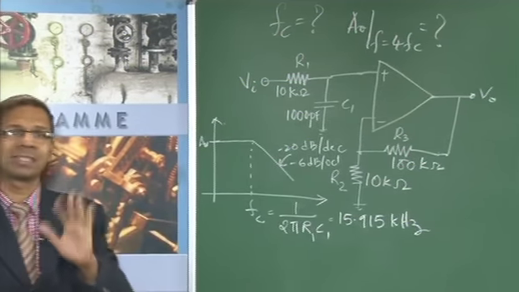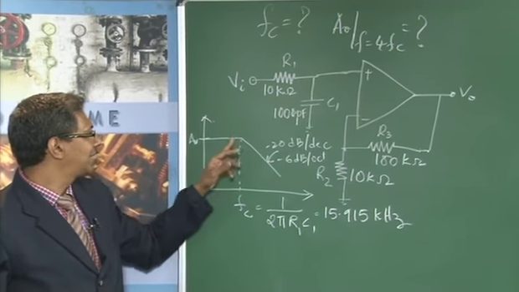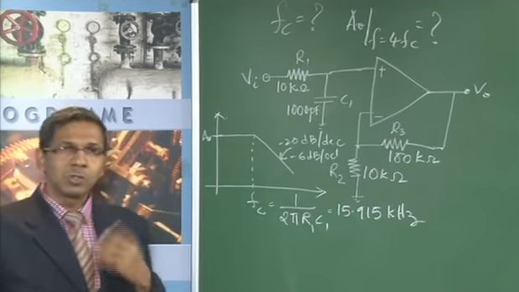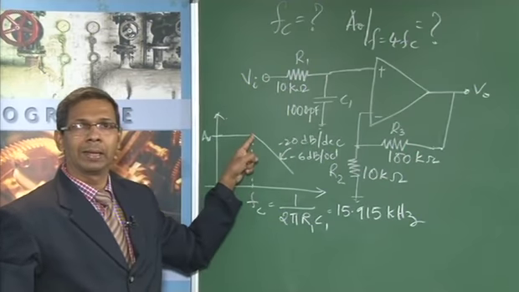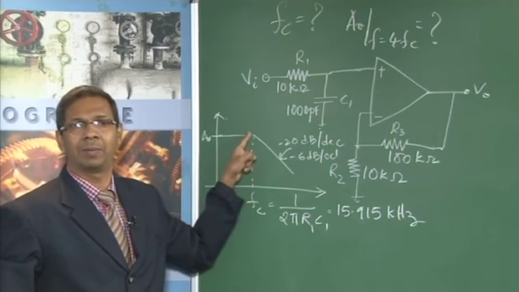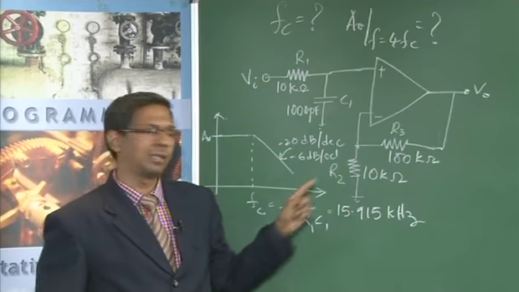They are not asking for the gain at DC, at the low frequency, and they are not asking for the gain at FC. They are asking for the gain at 4 times FC. To solve this, initially we have to first find the gain at FC. Since we are using an asymptote, we assume that it is not at 3 dB, but at AV0. So the gain at FC is given by which expression? The simple DC gain.